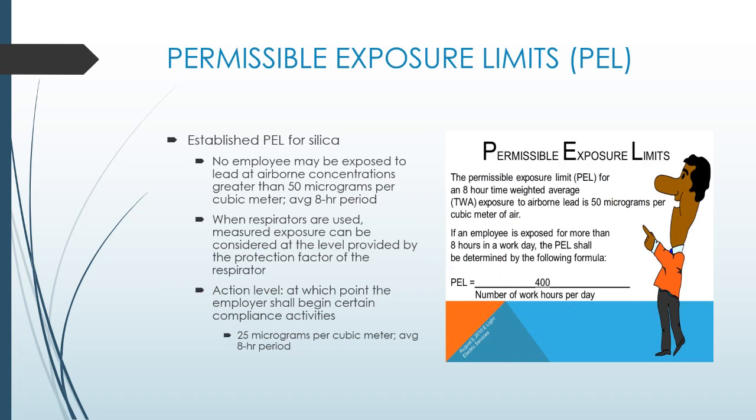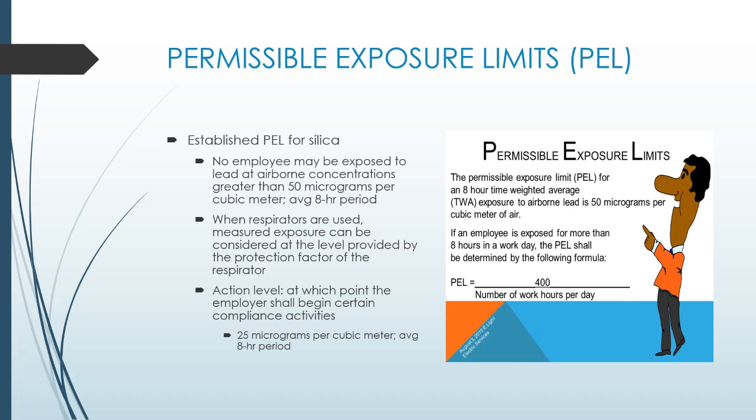You've heard me say permissible exposure limit, or PEL. What is that? Believe it or not, you can be exposed to certain amounts of things and be just fine. For silica, it's 50 micrograms per cubic meter of air. You can be exposed to that, and technically we don't have to do anything. You're not in danger.